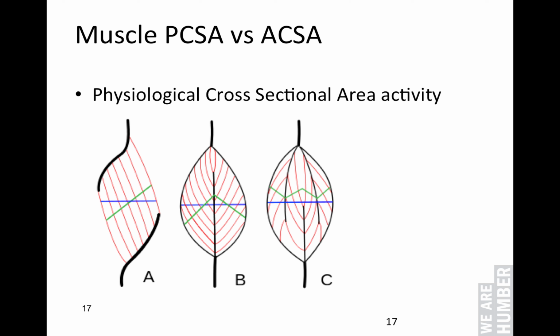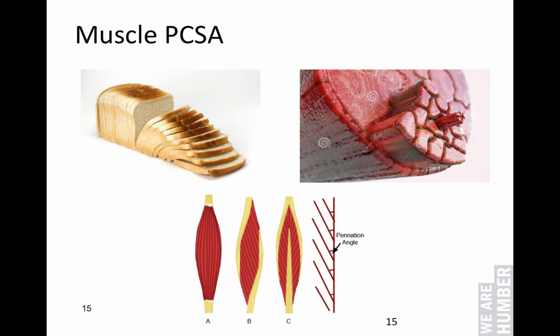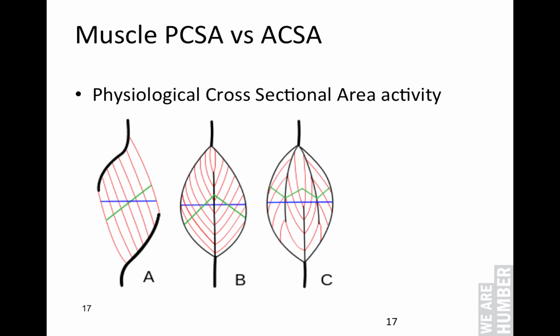The answer is that we can fit more muscle fibers into a smaller amount of space, which makes it more efficient. We're not going to talk about it specifically in this course, but we also have the angle of pennation. The angle that the muscle fibers attach at affects how much force they can generate.